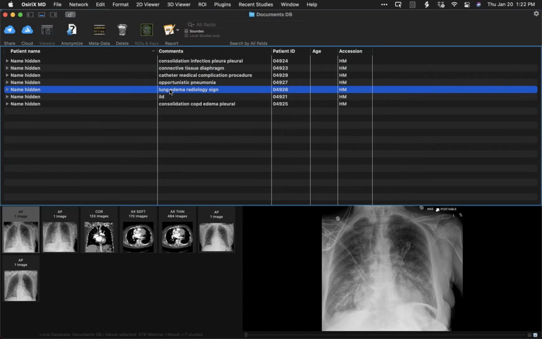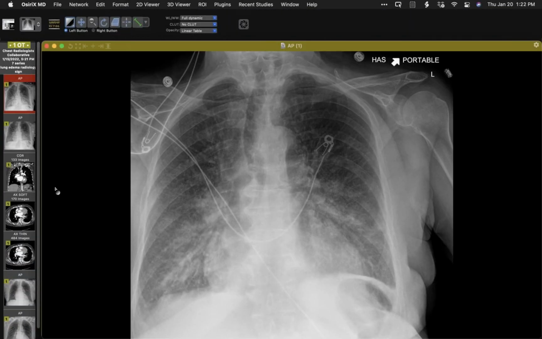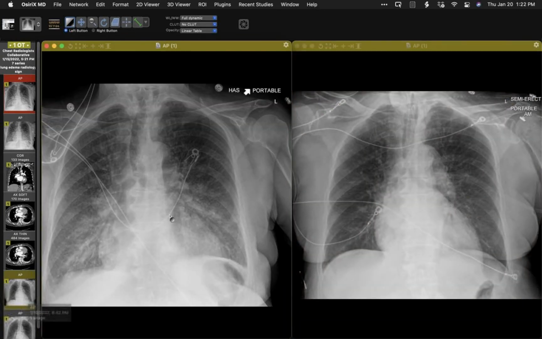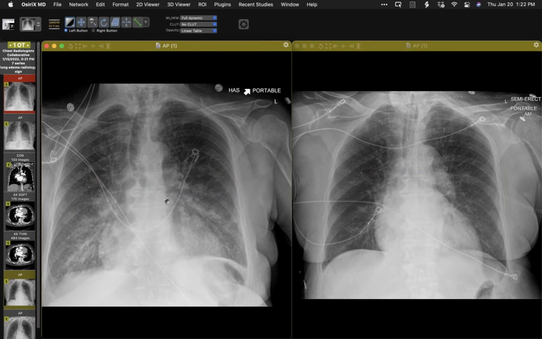Okay, here is a nice case too. Here's a patient that I'm going to bring up, the previous one, no, the follow-up for comparison. So here we have 15 and 16. A diagnosis of lung edema was made on the basis of that.